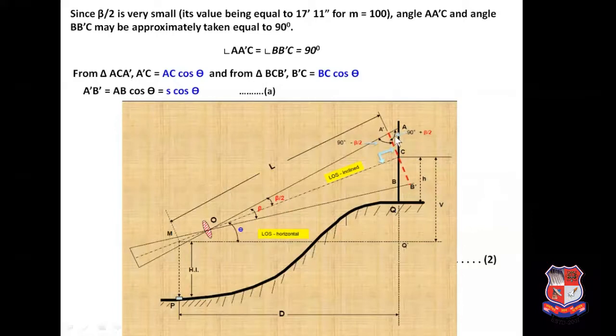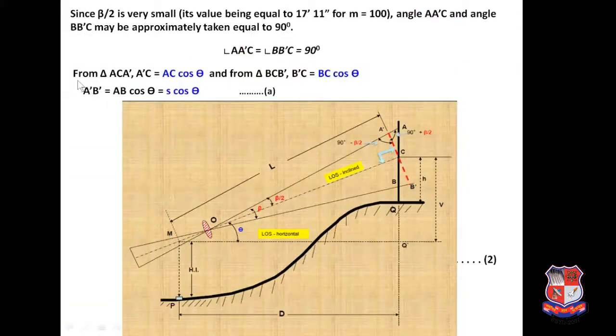Cos theta is equal to A dash C upon AC. So A dash C will become AC cos theta, and from triangle BCB dash, B dash C will become BC cos theta. So A dash B dash is equal to AB cos theta, which is equal to S cos theta.